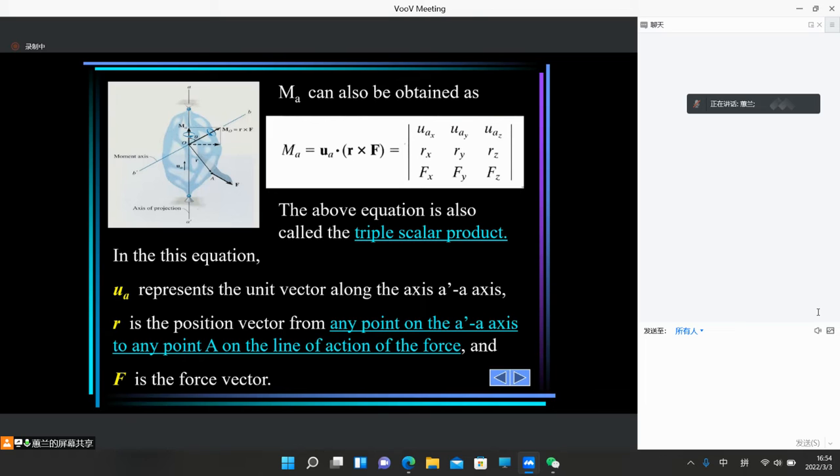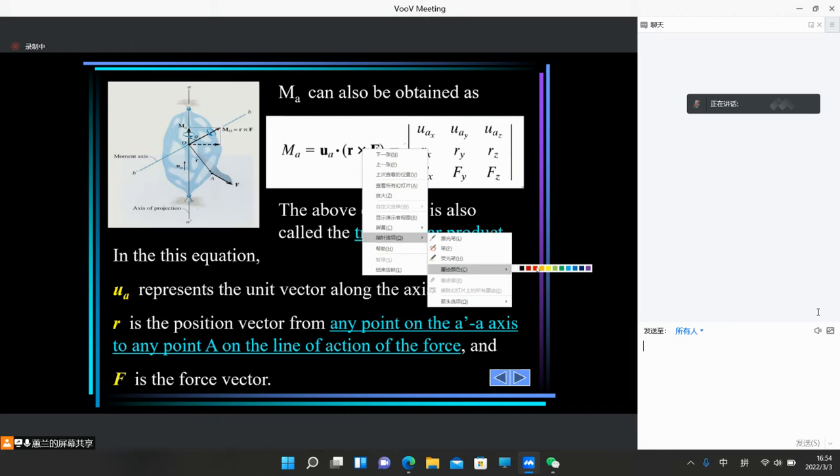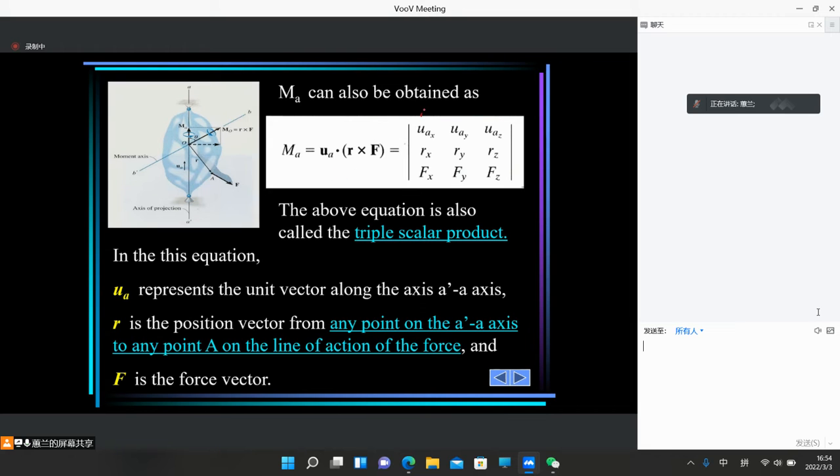If the axis is the x-axis of the Cartesian coordinate system, the unit vector of the x-axis should be I, right? So in that case, this would be I. If you want to find the moment about the x-axis, this will be I, this will be 0, this will be 0, right?